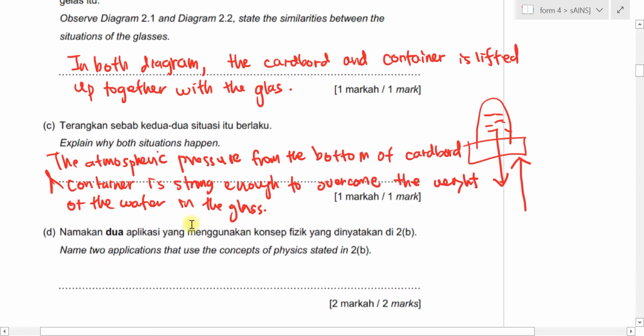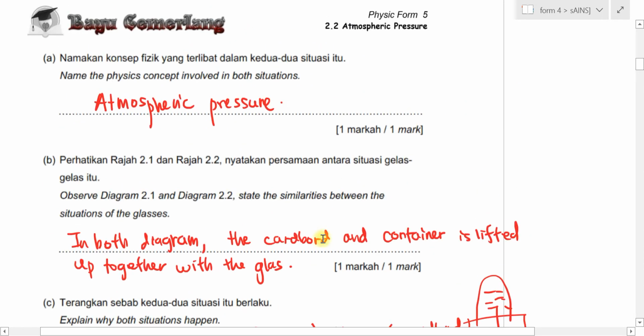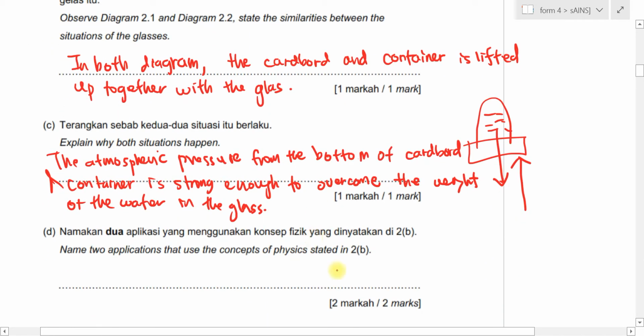All right. Next question. Name two applications that use the concept of physics stated in 2a. Actually 2a, not 2b. Atmospheric pressure. So what are the things that use atmospheric pressure? Atmospheric pressure is something you already learned in Science Form 2 Chapter 8.